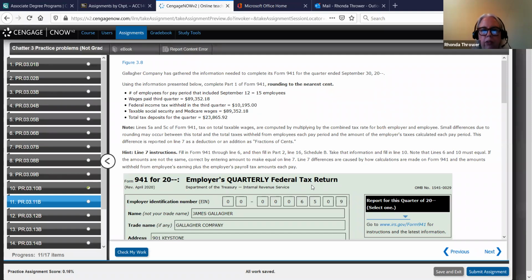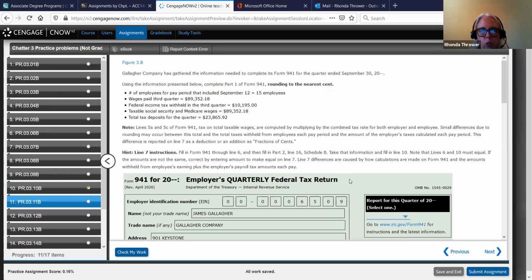These federal taxes are going to be the taxes that we've withheld from our employees, as well as what we have paid as an employer, or what we owe to the government. We'll fill out one of these forms to determine exactly how much we owe and what we should deposit or write a check for.